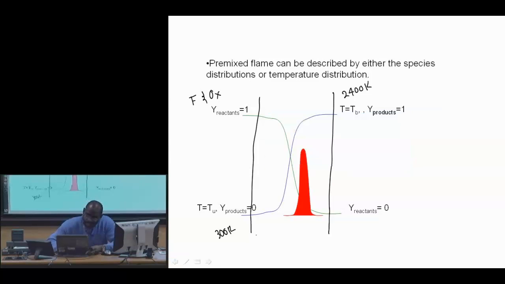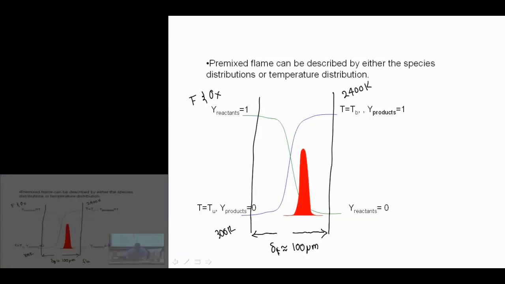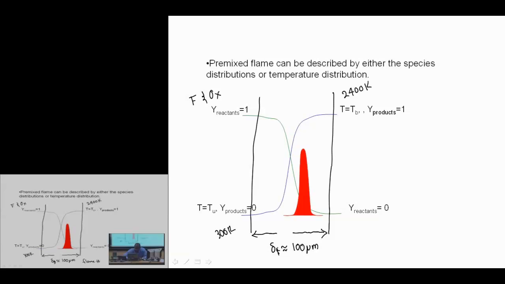We'll start with the thickness. The flame thickness is on the order of hundreds of micrometers, so we're going to go with, say, 100 micrometers here. We'll do this from something called scaling analysis. So the flame thickness is that sort of order of magnitude.